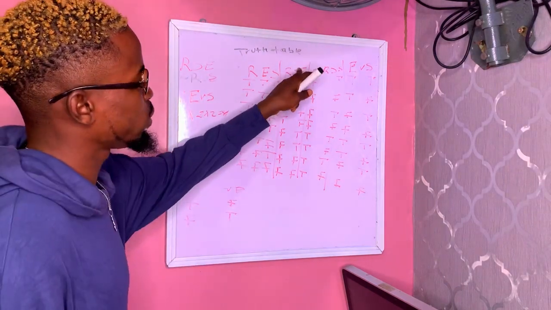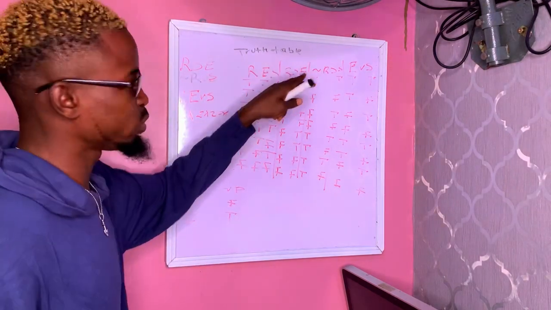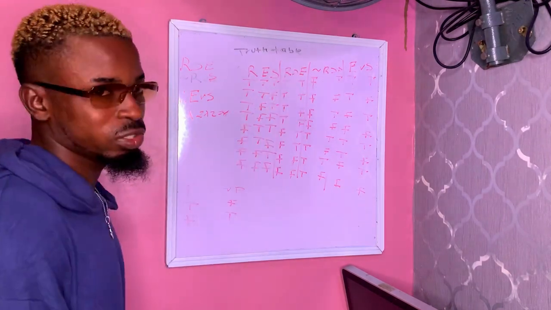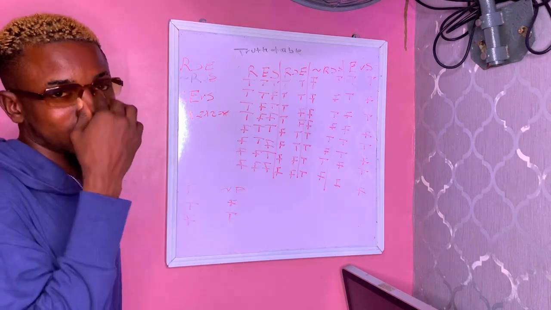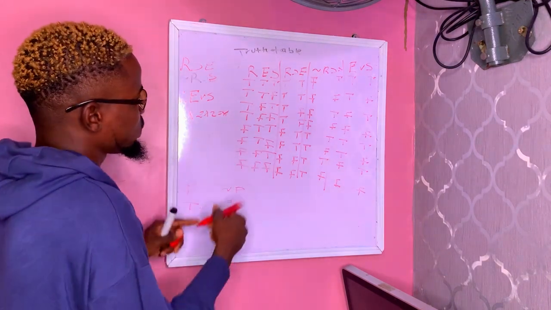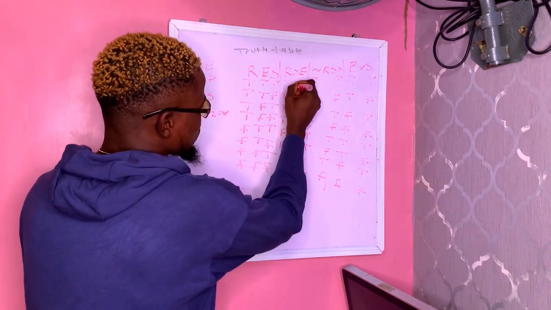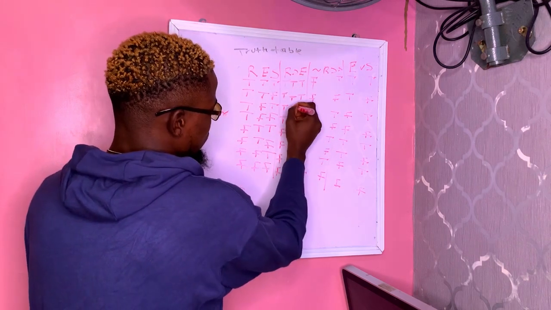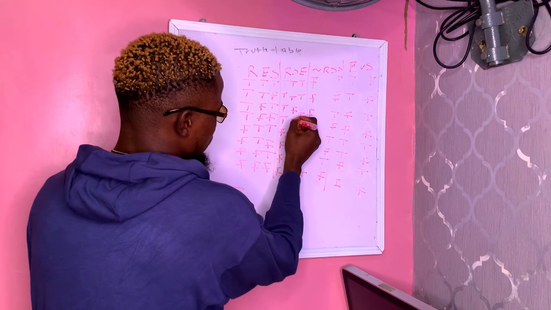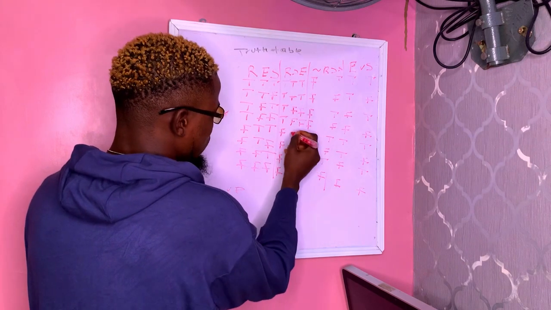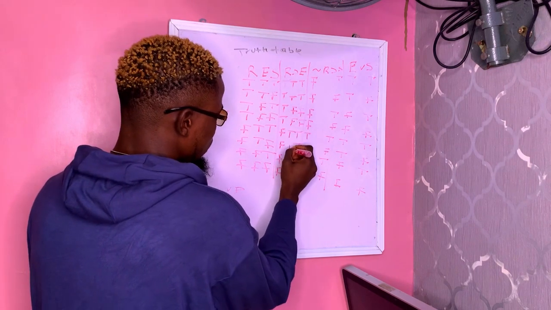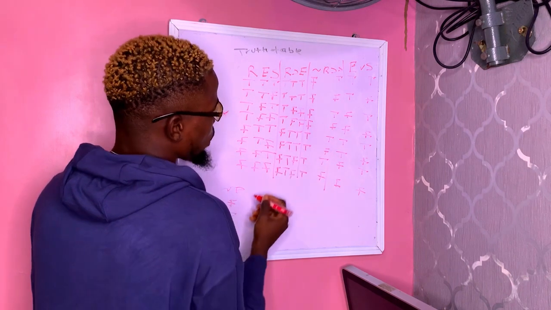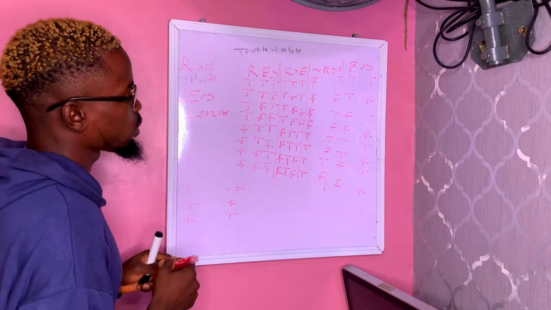So let's now come to the connectives, that is where we have two different propositions joining together. So this is the implication sign, or conditional. Conditional is only false when the antecedent is true and the consequent is false. So TT gives us T, TT gives us T, TF gives us F, TF gives us F, FT gives us T, FT gives us T, FF gives us T, FF gives us T. This place is also conditional.